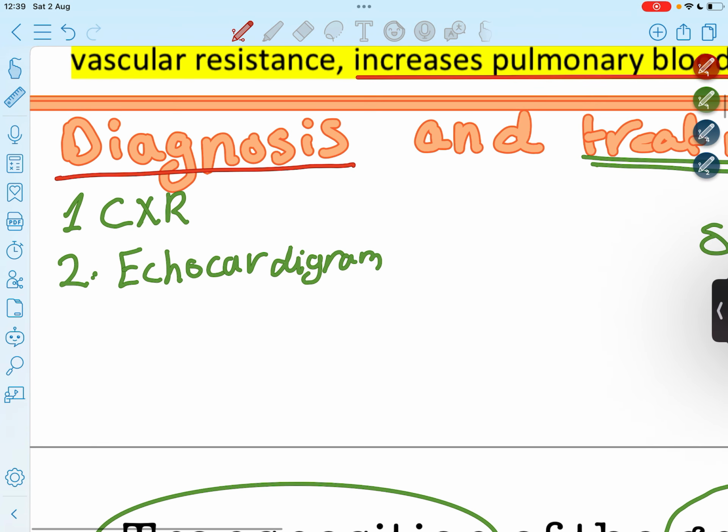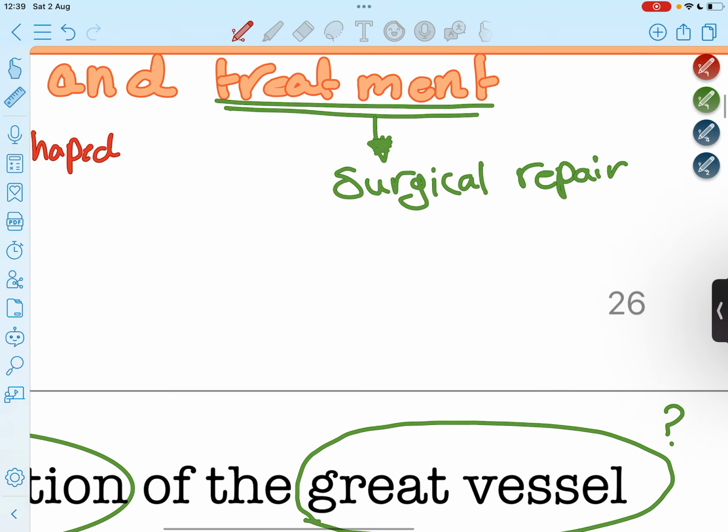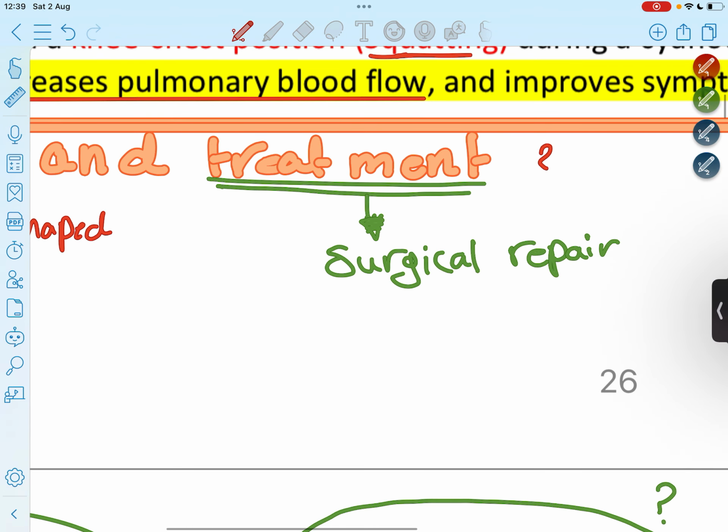How do we diagnose it? First, by chest X-ray, where we see a pot shape. We also have the echocardiogram. How do we treat it? Tetralogy of Fallot is treated by surgical repair.